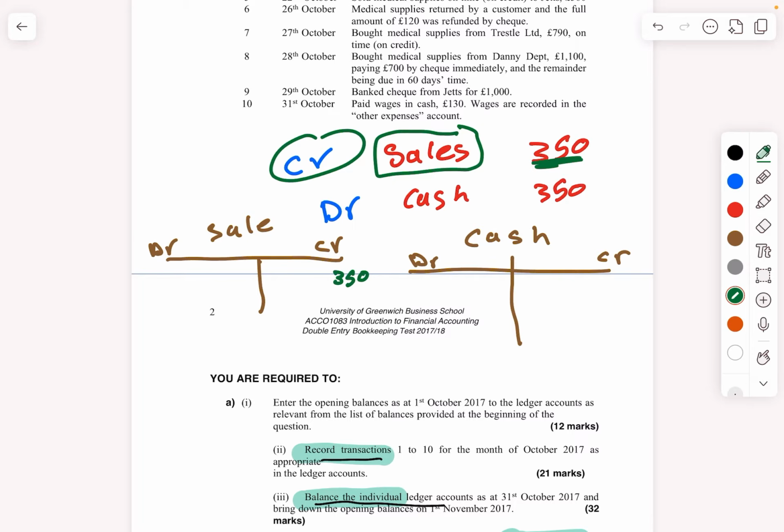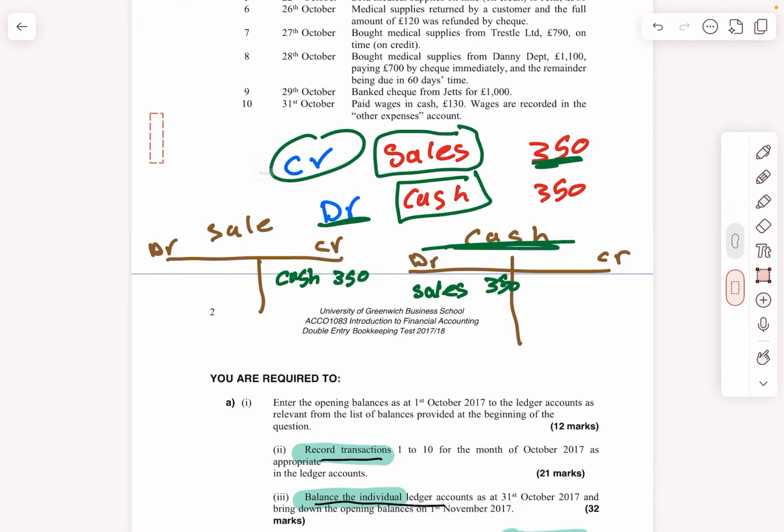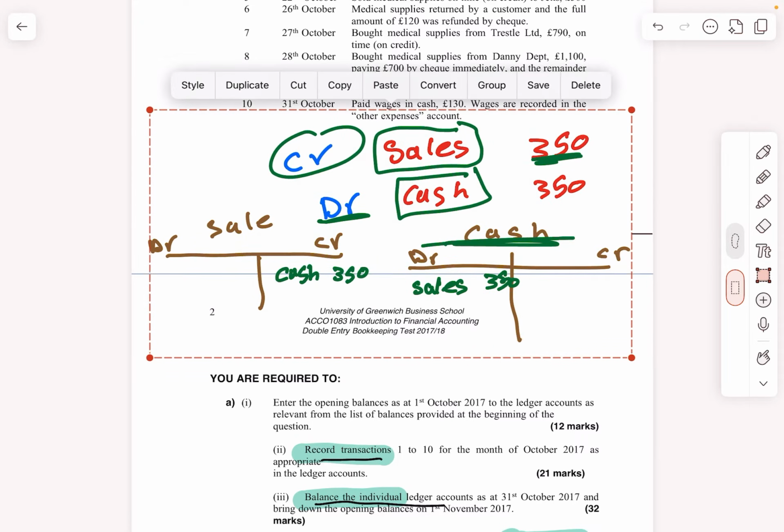What's the name? We're going to put cash. I know it's a bit complicated. And now for the cash account, we will debit 350. So 350 will be debited, but under what name? It's going to be sales. Okay, is it clear? Maybe now it's a bit more clear.